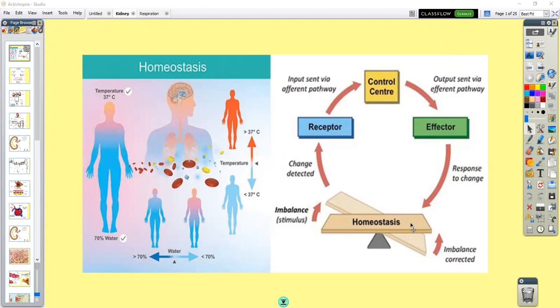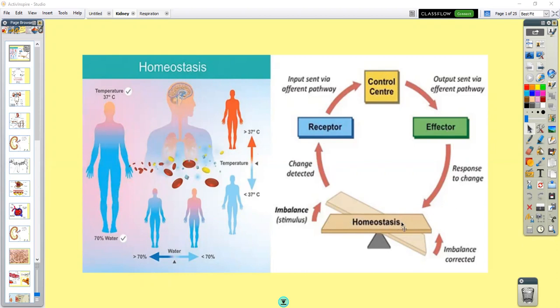So we have to control things, as you can see here, like the amount of water, the concentration of water within the blood, the body temperature, things like the amount of glucose, etc., within the blood as well. It requires receptors to be able to detect a change. If that change occurs, then a control center will lead to some sort of effector responding to that change to bring about a corrective mechanism.